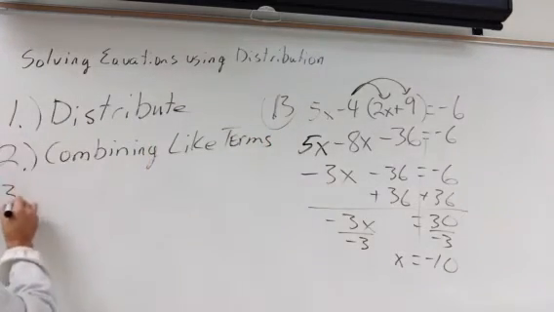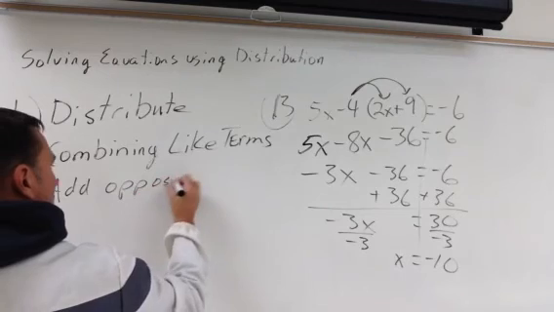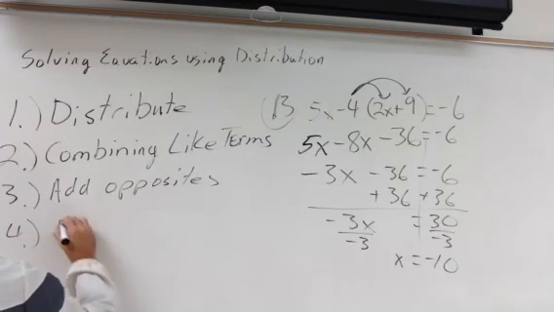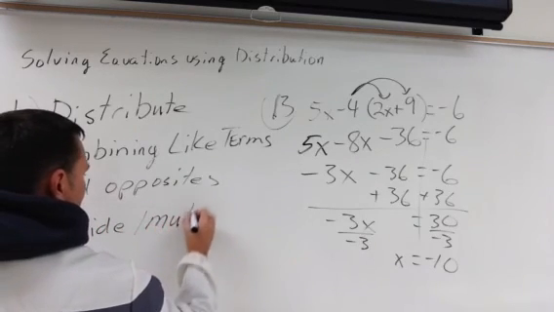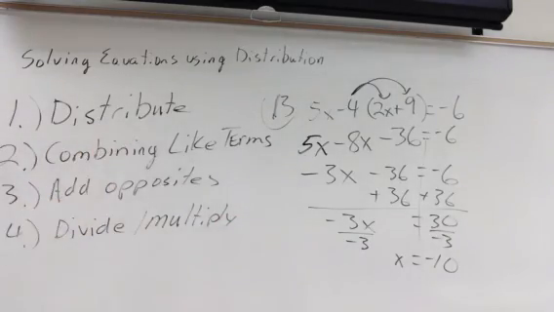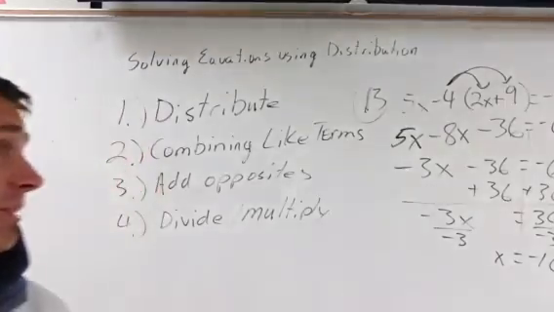Our third step, we want to add opposites. And last, we either want to divide or multiply, either by a number or the reciprocal. Keep these in order, complete these in the same order, and everything should be good.